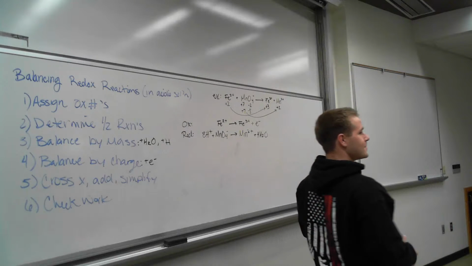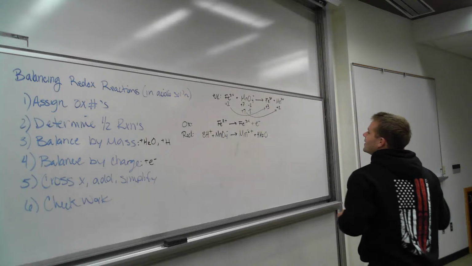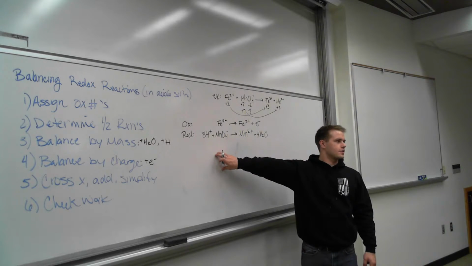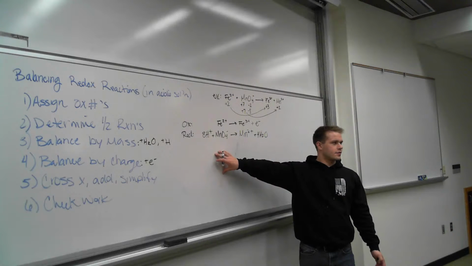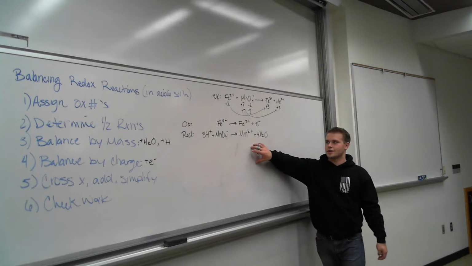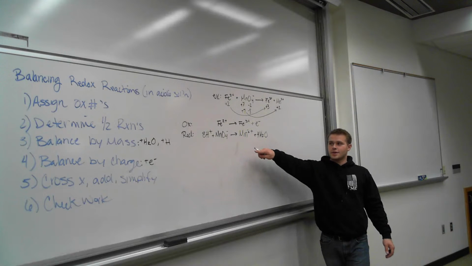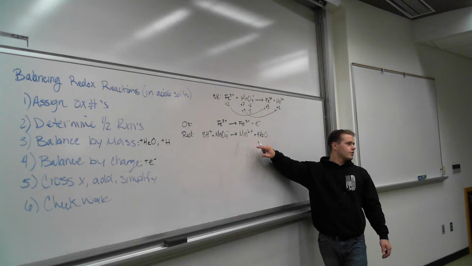I stand by my statement when I walked in the room. All right, 8 minus 1 is 7. So we have plus 7 over here. What do we have over here? Plus 2. We have plus 7, and we have plus 2.